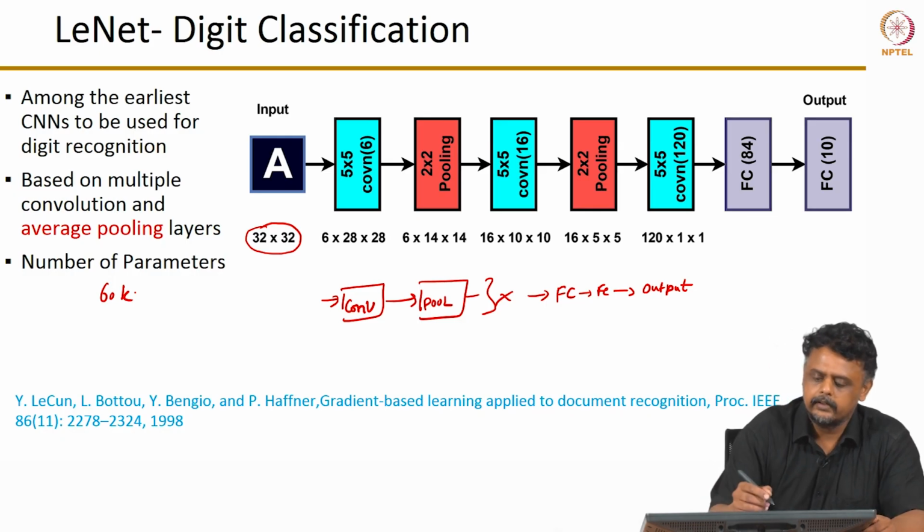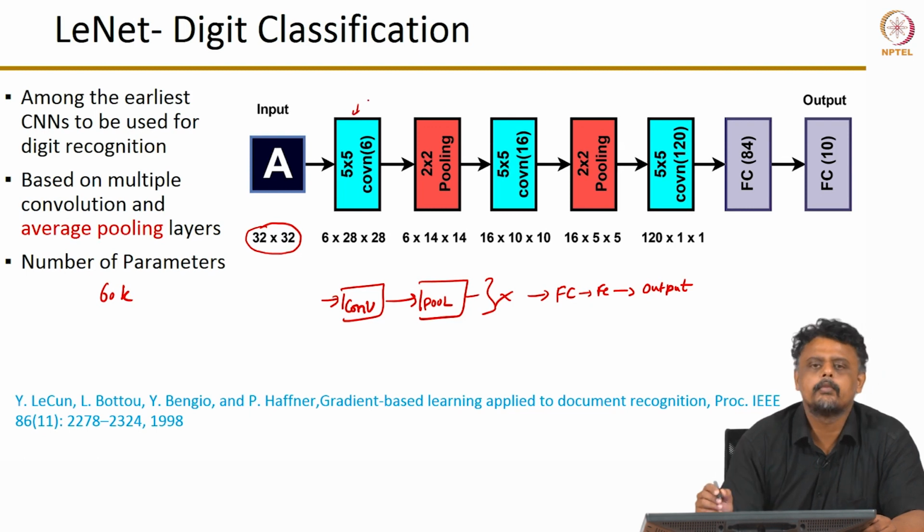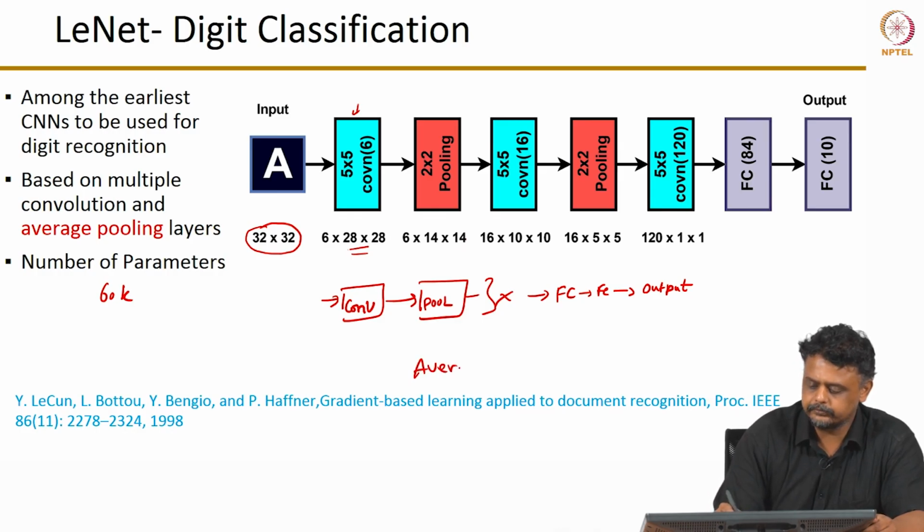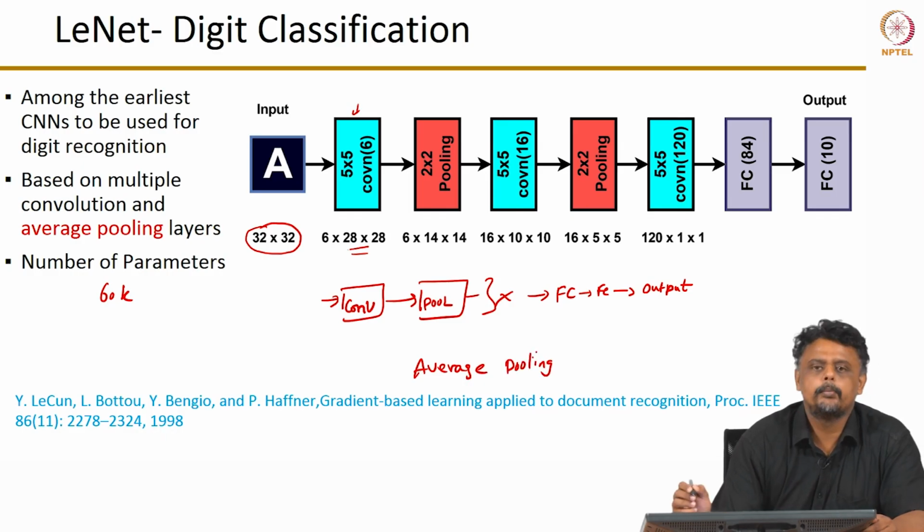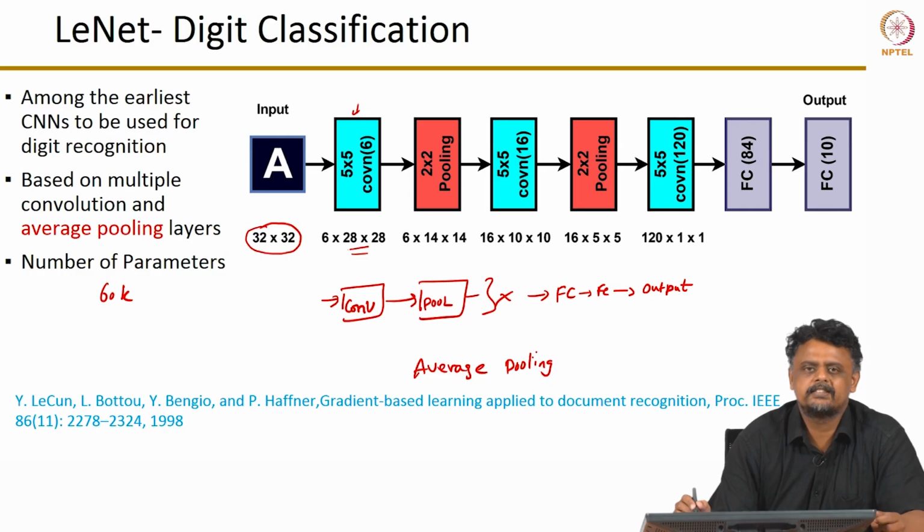For instance, the first layer had a 5 by 5 convolution with no zero padding, which gives rise to a 28 by 28 output, followed by a 2 by 2 pooling. This is an average pooling operation, 2 by 2 average pooling with a stride of 2.